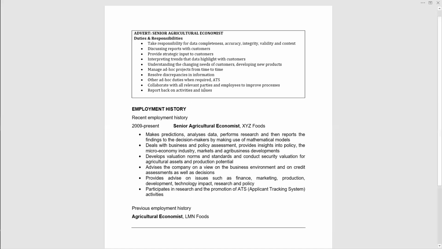So if it's ATS like that, it's fine. You can also say ATS, and also say applicant tracking system in brackets, just so that the recruiter knows what you're talking about. And yeah, that's just about it.